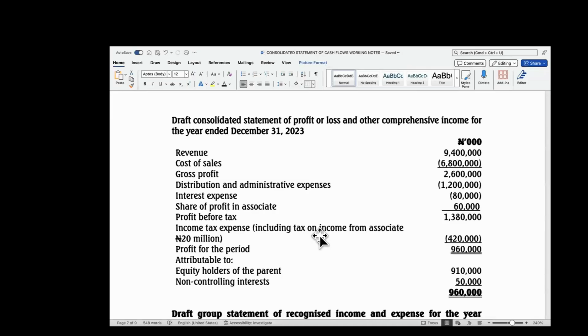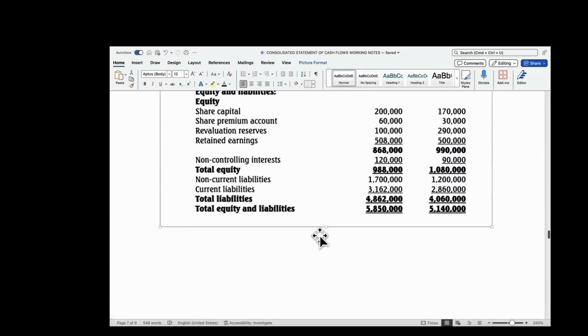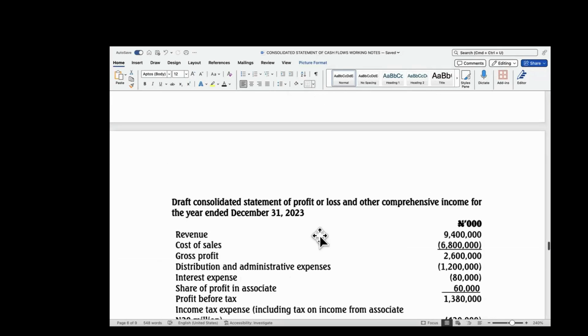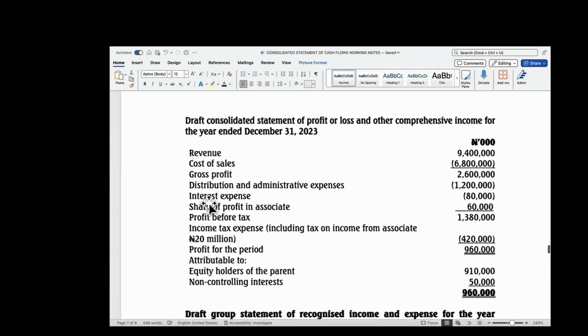Some key items are here. When I look at the consolidated statements, there are a few things I want to note. There is share of profit in associates. You know that I need to do something around that. In the income tax, there's a portion that relates to tax on income from associates.